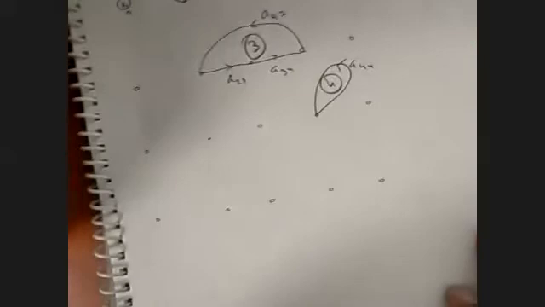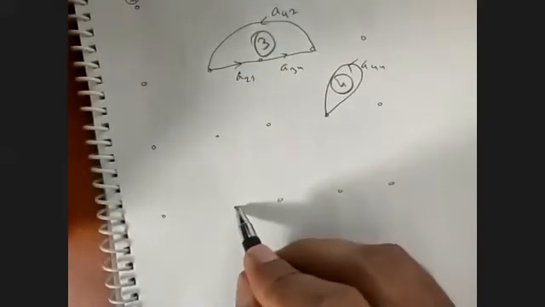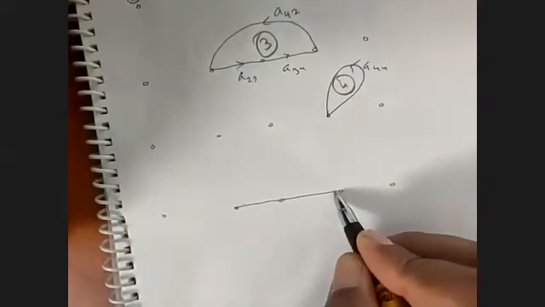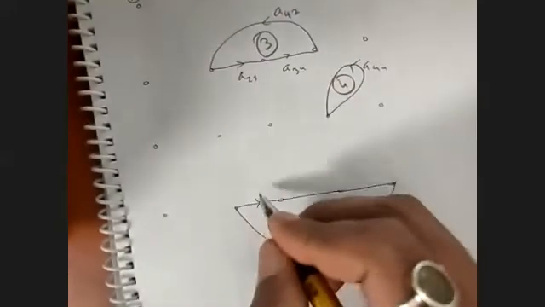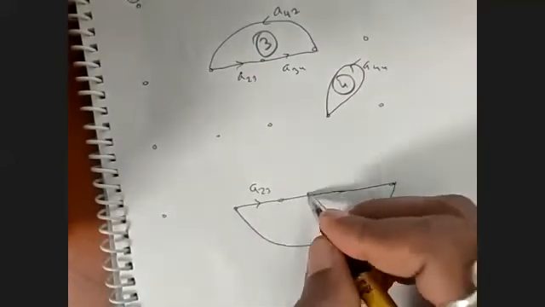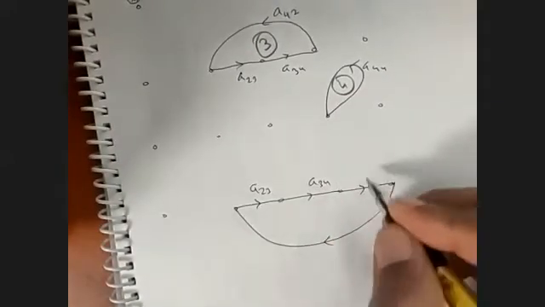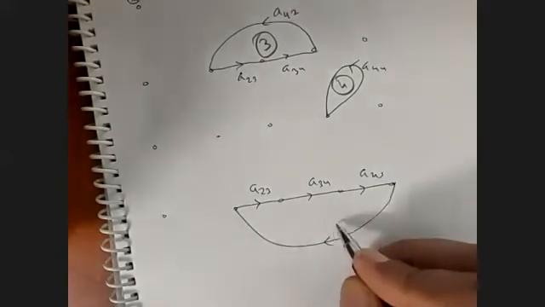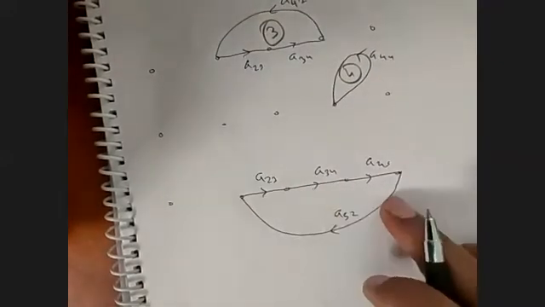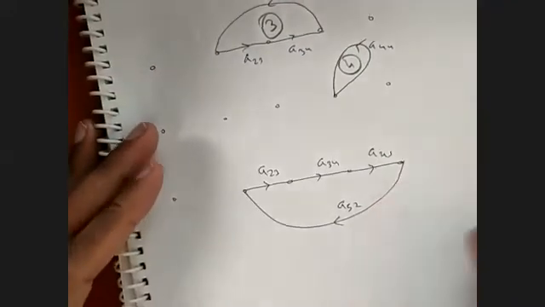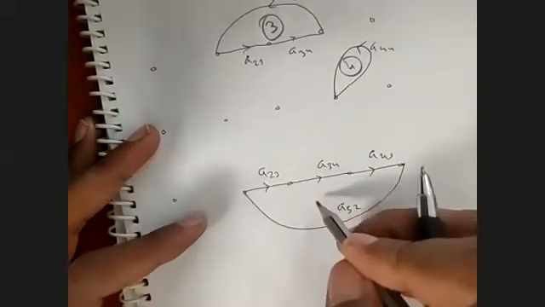And then we will be having a big loop. This is A23, A34, A45 and A52. This will be my loop number 5.